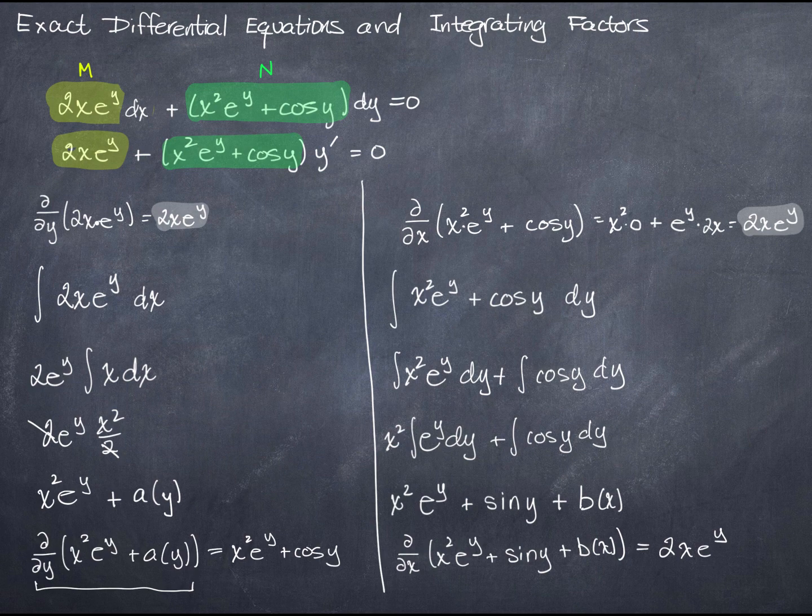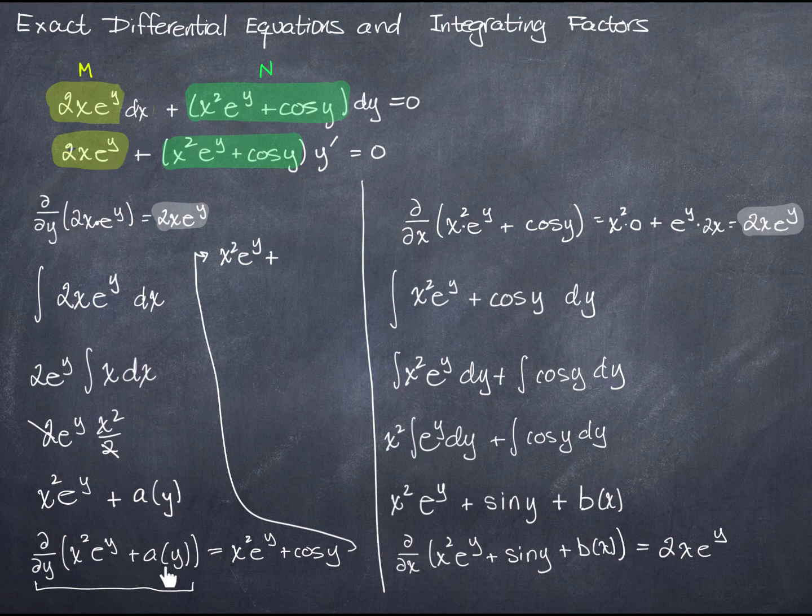The partial with respect to y of this first term here: since we're differentiating with respect to y, x is a constant. The derivative of e to the y is e to the y. So I just have x squared e to the y plus, now I'm differentiating this function here partially with respect to y.